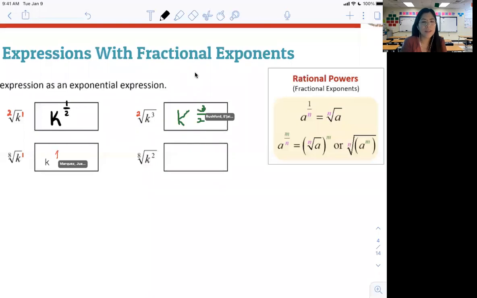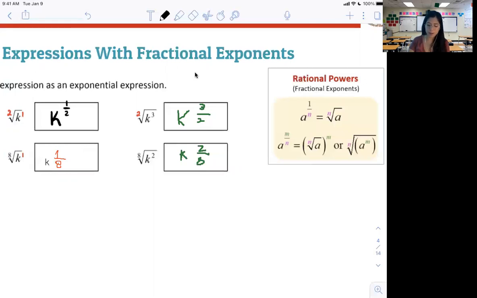Good, so I see k to the power of 3 over 2. I see k to the power of 1 over 8, very good. And what about that last one? K to the power of 2 over 8, very nice, good job. Now with this last one, k to the power of 2 over 8, can I simplify that at all?